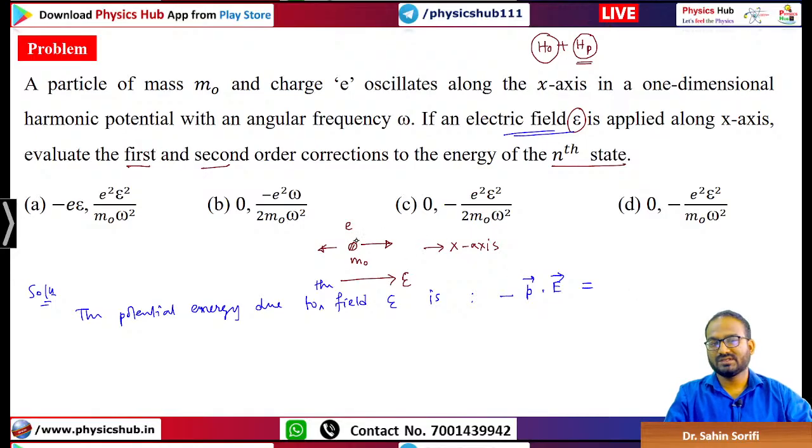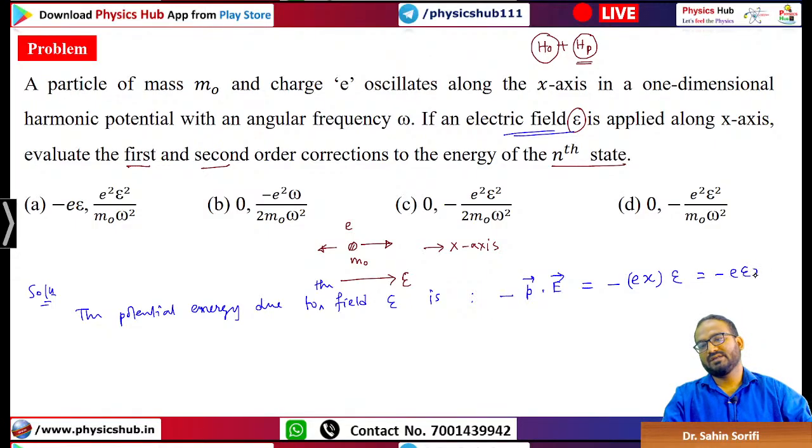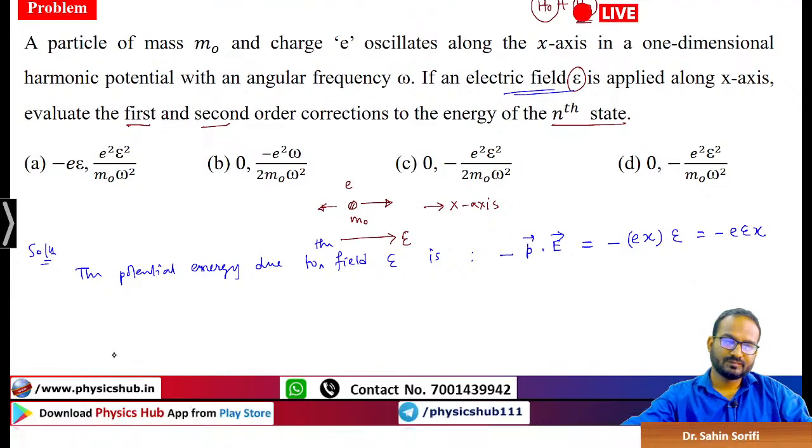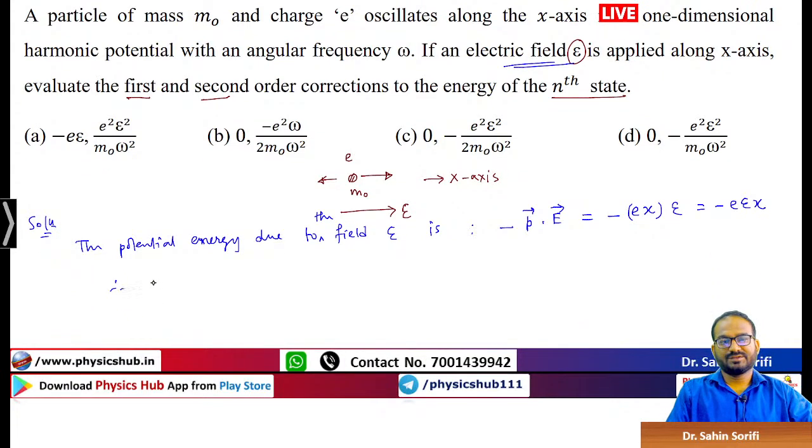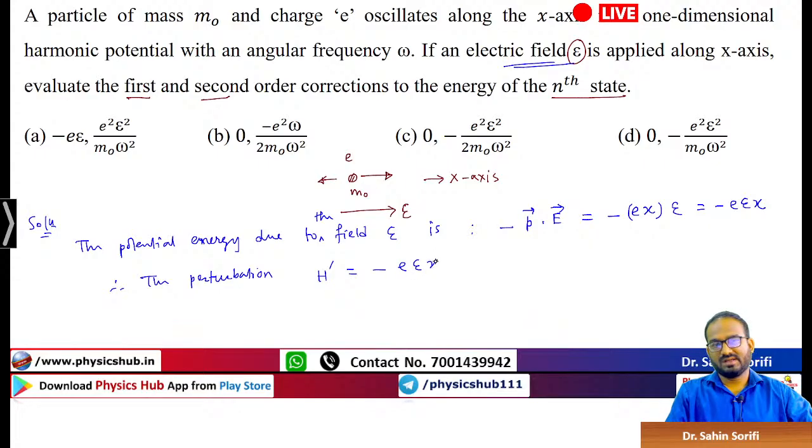Here it is displacing along the x-axis, so it is like e times x, and they are along the same direction. So this is minus eEx. Therefore the perturbation H prime is minus eEx.